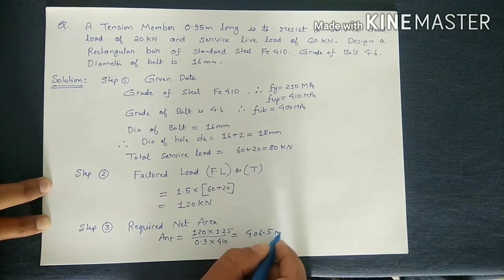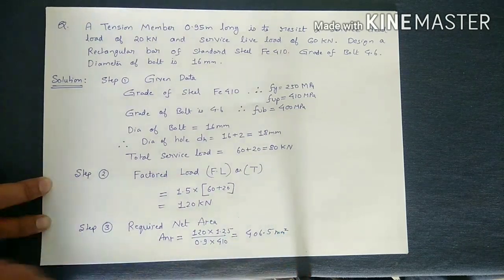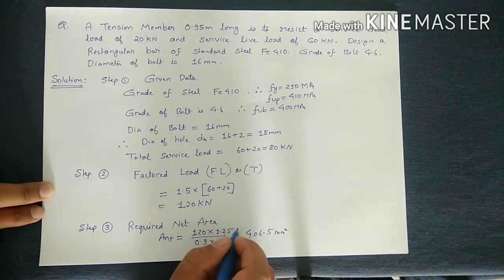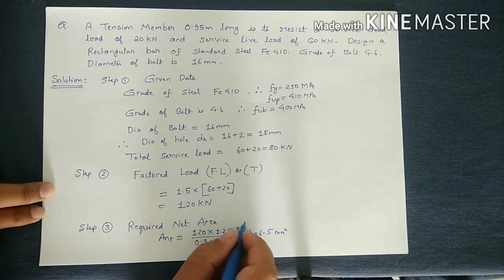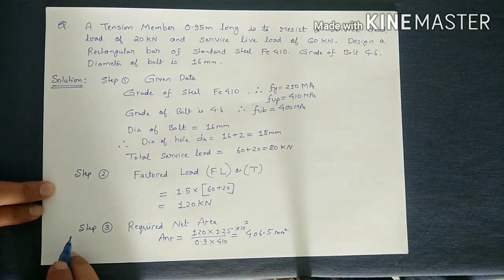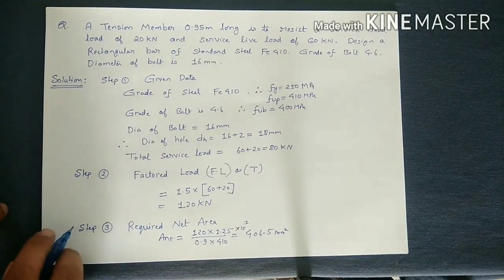You have to convert 120 into Newton, therefore we will multiply by 10 to the power 3. On solving this, we get 406.5 mm square.